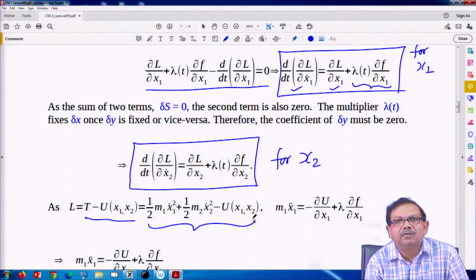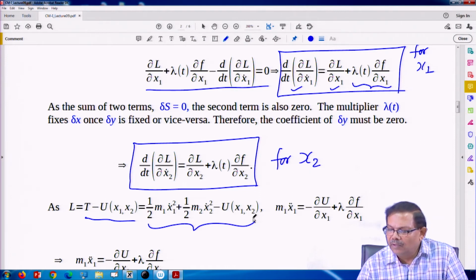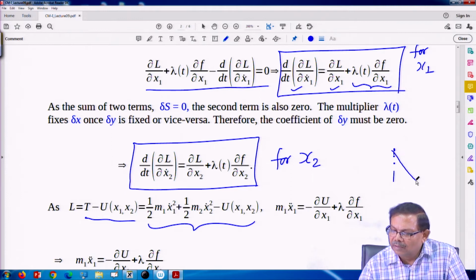For a coplanar pendulum, there is 1 degree of freedom if we write a generalized coordinate, but if we do it in Cartesian coordinates, then we require two coordinates.